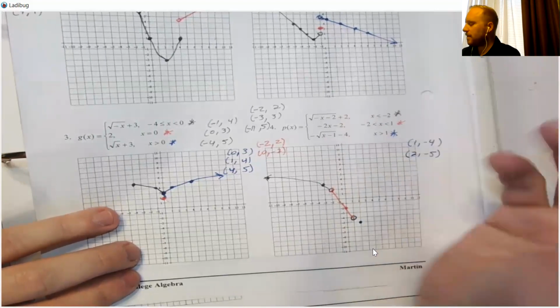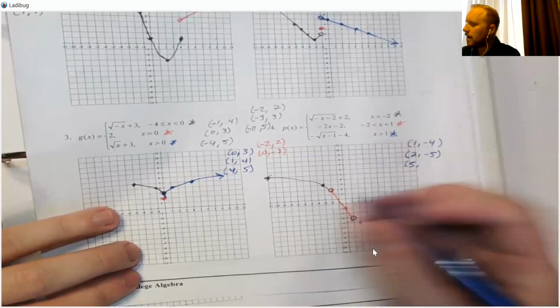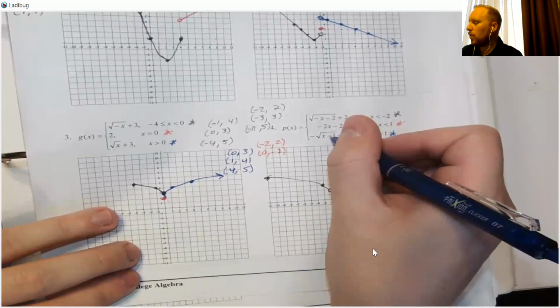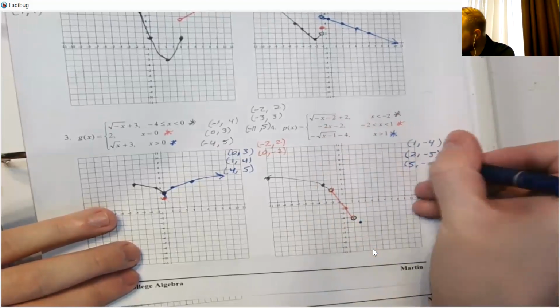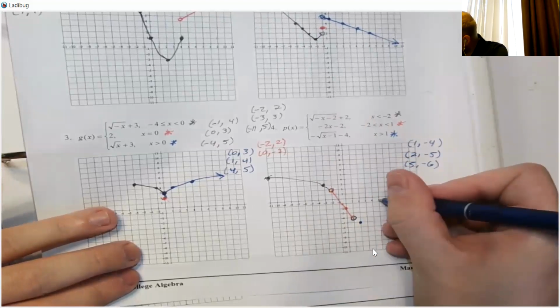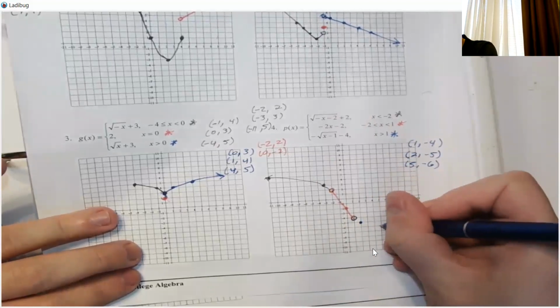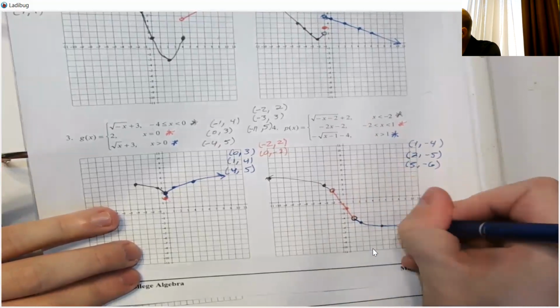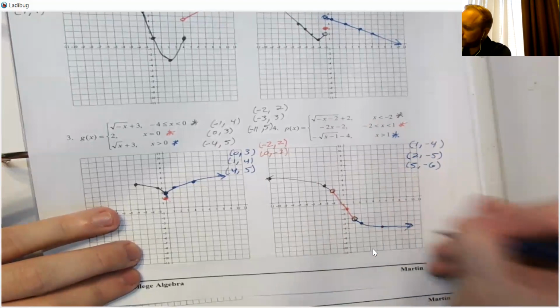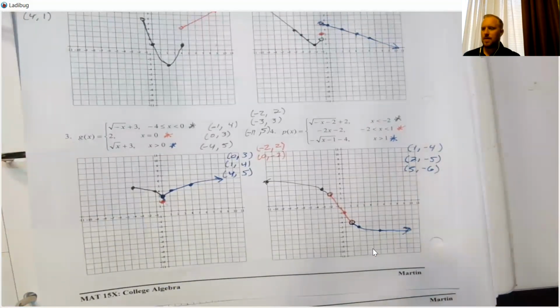So let's say 5. If I do 5 in there, 5 minus 1 is 4. Square root of 4 is 2. Negative 2 and negative 4 is negative 6. And so I'm going to go 5 comma negative 6. And there's my square root. Try to do an arrow. There we go. Okay, and there's my piecewise for that one.